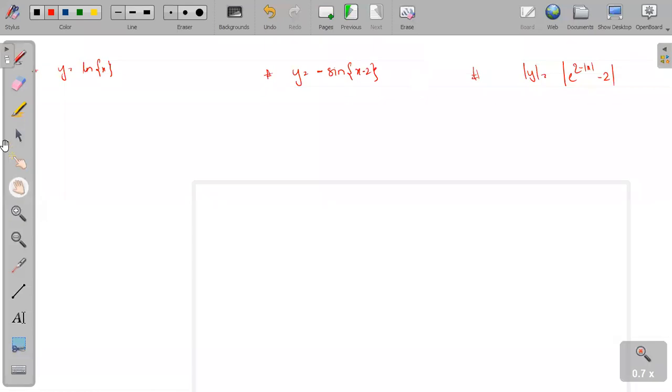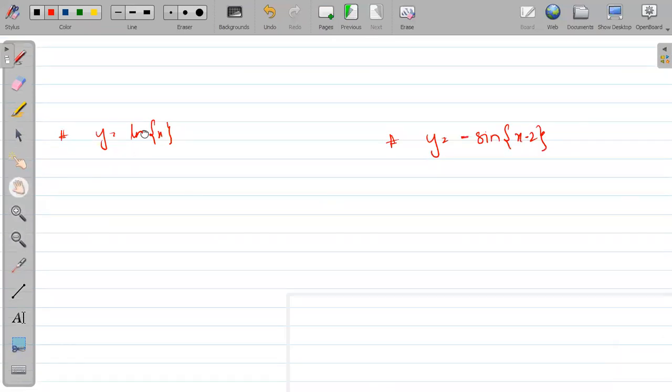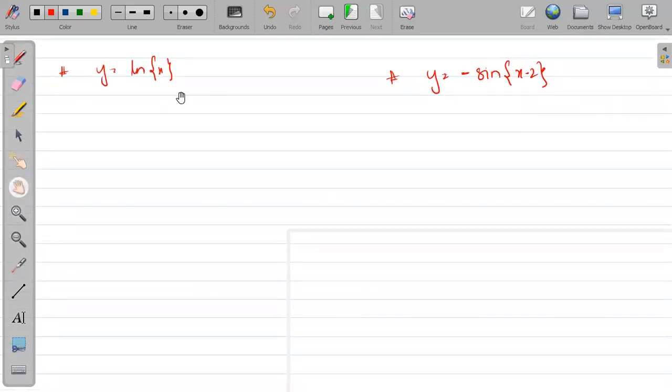Let's see first. And today I will be giving some homework in the study hour. By writing on a page, I will send the picture in your group. So just start doing those questions.